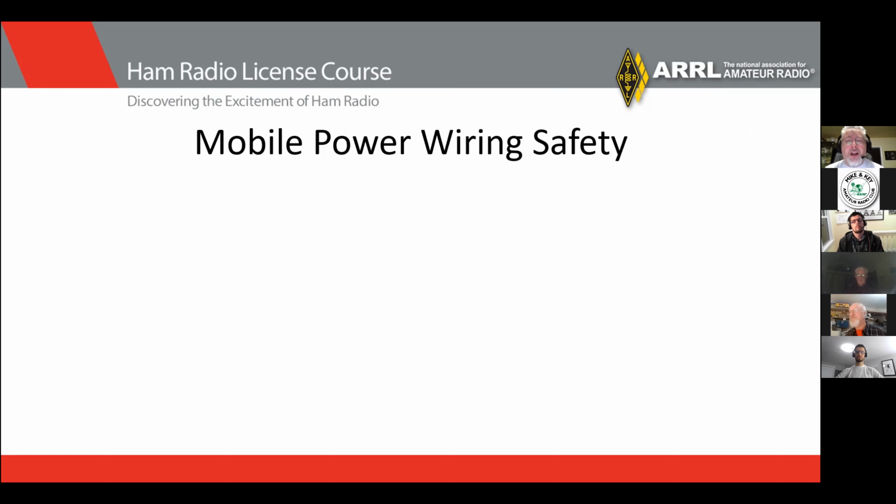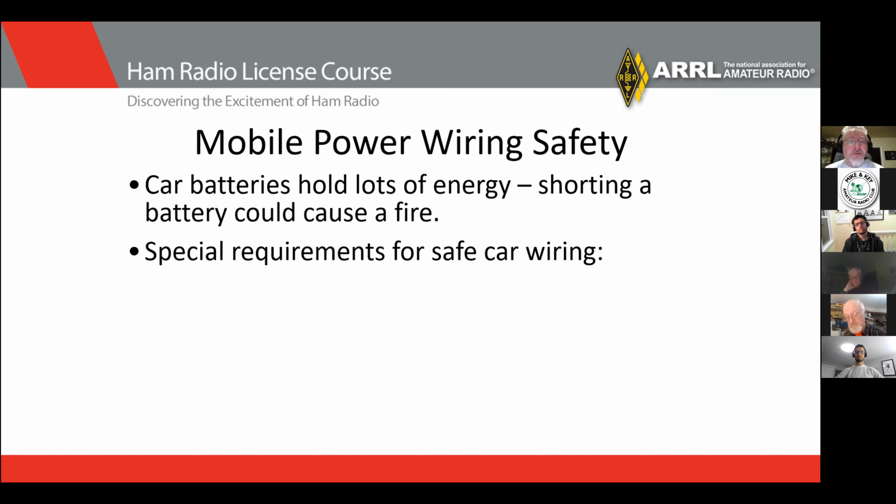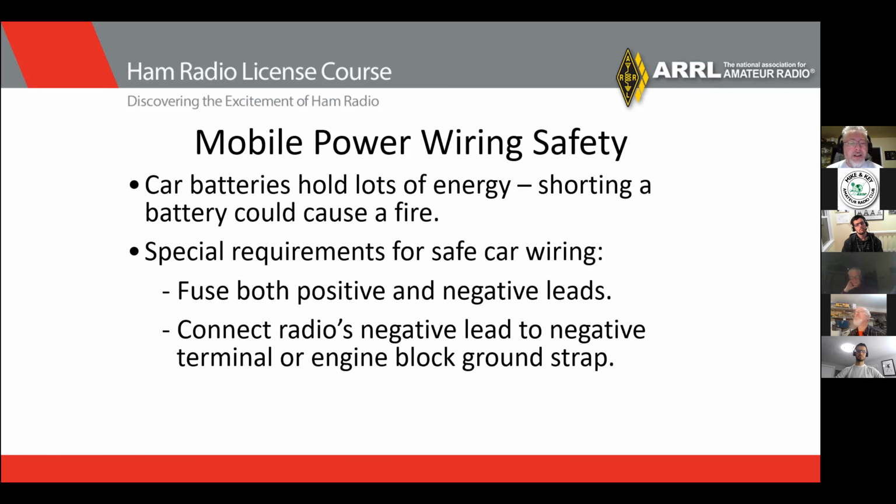Mobile power wiring safety. When you wire up in cars, the car battery holds a lot of energy, so shorting out a battery could result in fire. Special requirements for safe car wiring: you should put a fuse in both the positive and negative leads and connect the radio's negative lead to the negative terminal of the battery or to the engine block ground strap.